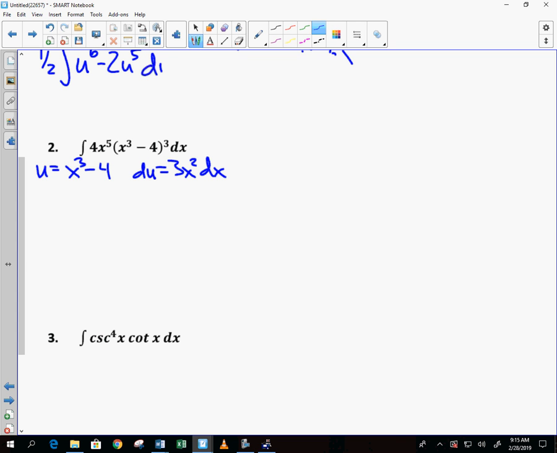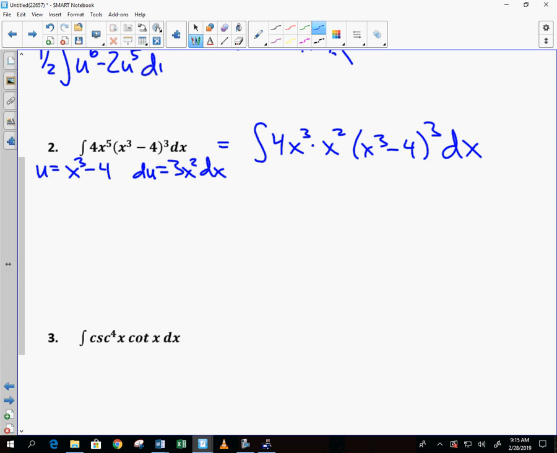Only for teaching purposes, I'm going to write this out as the integral of 4, and I'm going to write it as x cubed times x squared times x cubed minus 4 cubed dx. We're looking for that antiderivative.